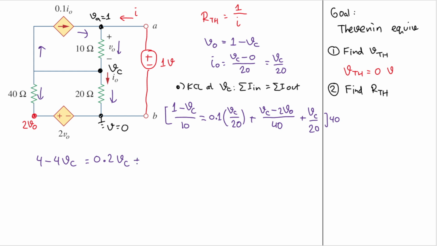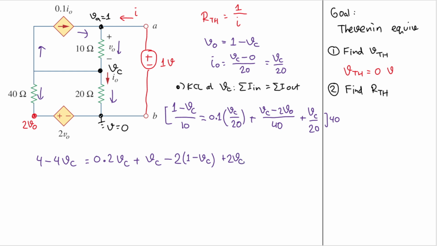And here I will have VC minus 2VO because 40 and 40 will cancel each other. But what is VO? VO is 1 minus VC. And then here 20 and 40 will cancel into 2, so I'll have plus 2 VC.